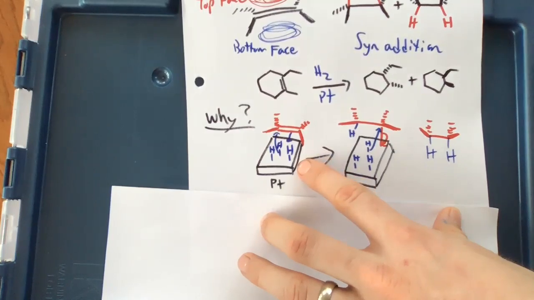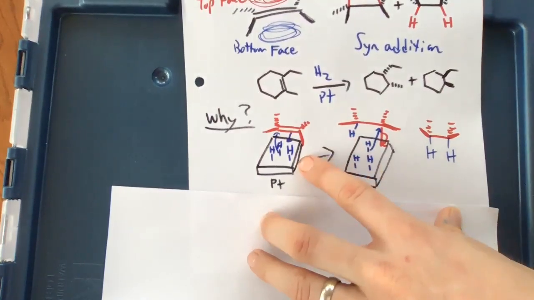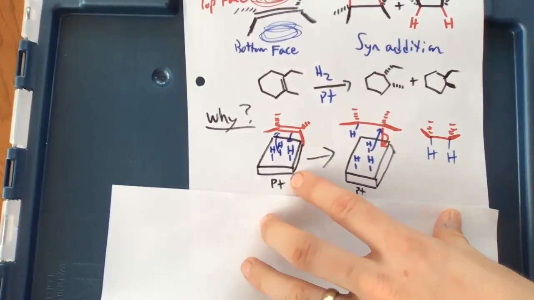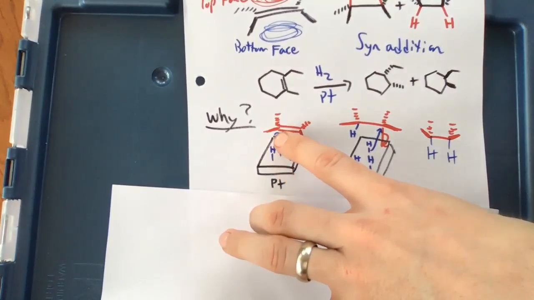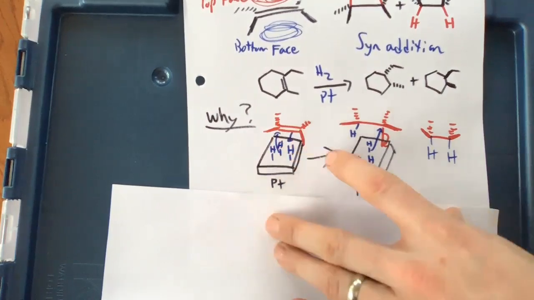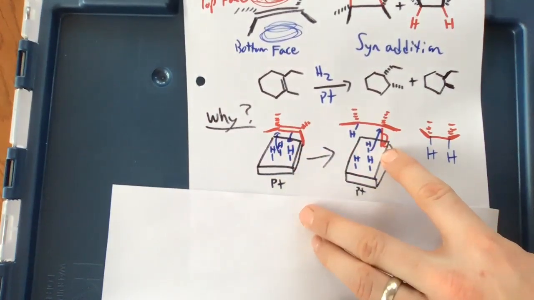With those hydrogen atoms bonded to the metal surface, if the alkene comes close enough to the surface, there happens to be a reaction where the hydrogen attaches itself to the alkene at the same time that the alkene bonds to the metal on the surface.